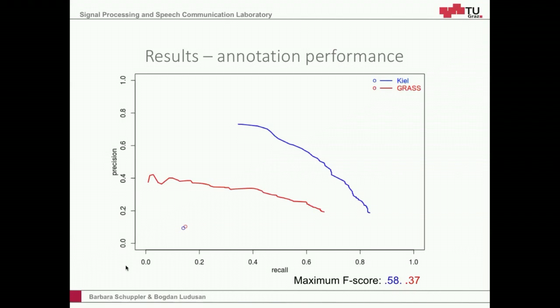We see that the tool performs significantly worse on the Graz corpus than for the Kiel corpus, but they're both way beyond the baseline. The maximum F score for the Kiel corpus was 0.58 and for the Graz corpus 0.37.